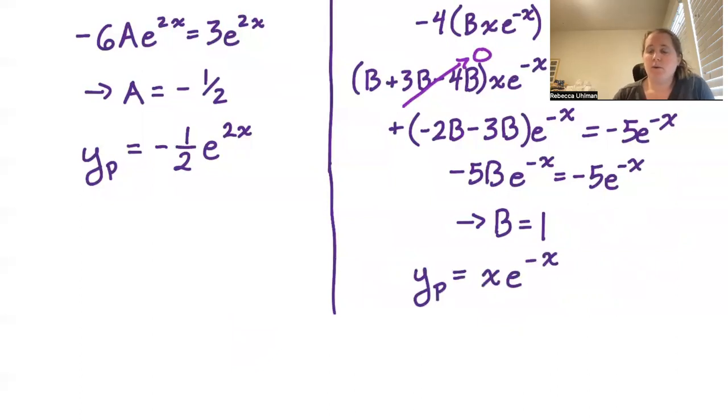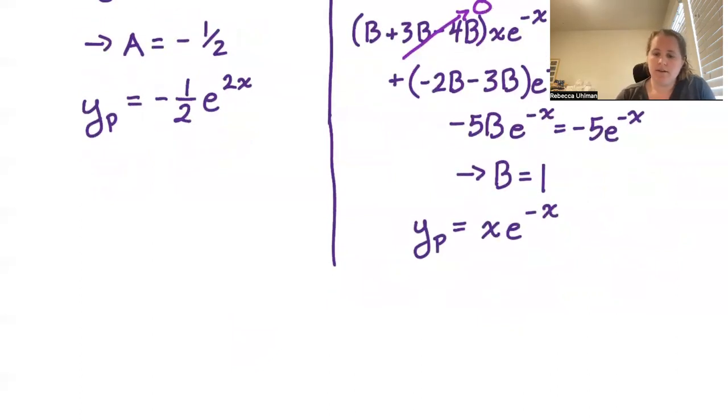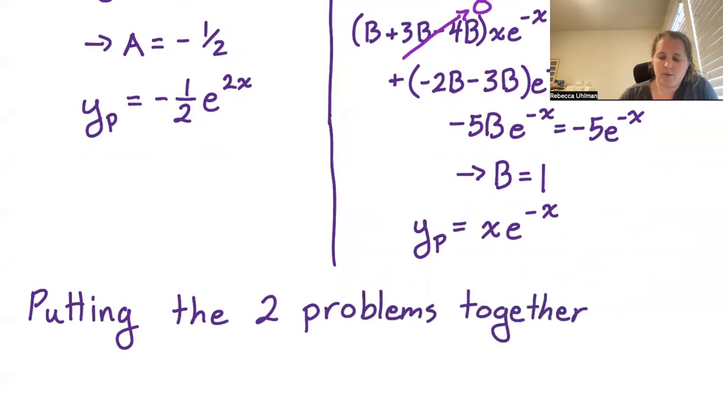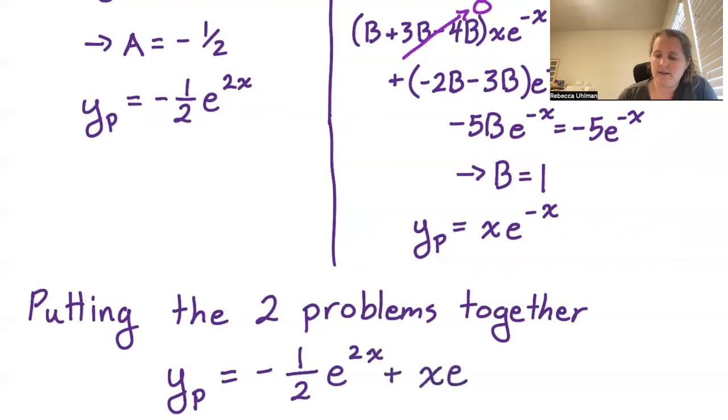From here, we can go ahead and put this all together. So putting the two problems together, we can simply pick our yp to be negative 1/2 e to the 2x plus x e to the negative x.